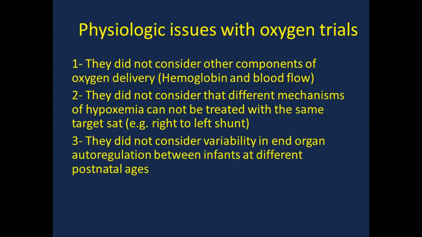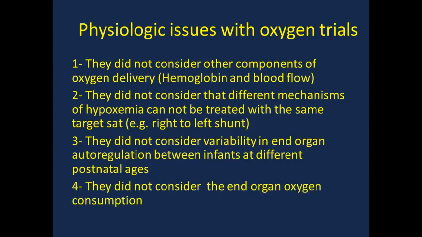They did not consider variability in end organ autoregulation between infants at different postnatal ages. So a very premature infant at 23 weeks is not the same as 27 weeks in autoregulation. And when he is growing up, his autoregulation should mature, so he should be treated in a different way. They did not consider the end organ oxygen consumption.